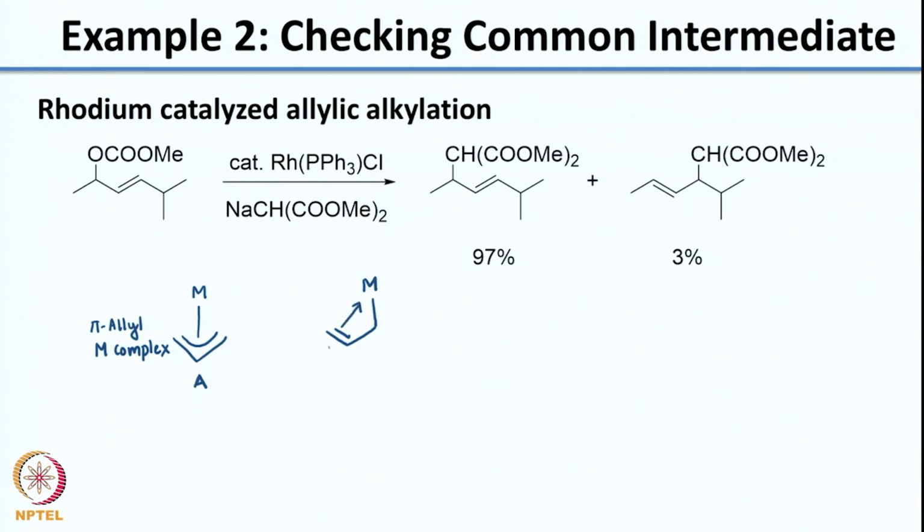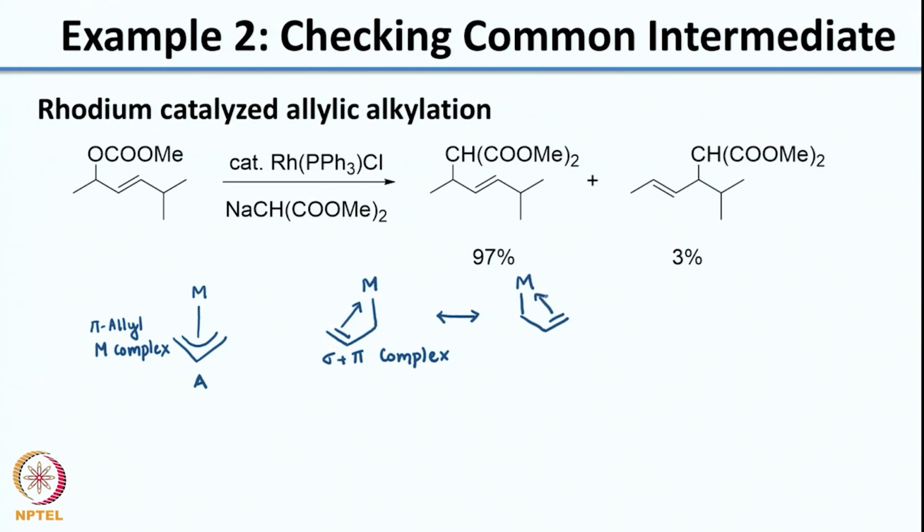So, this is a sigma plus pi complex, and of course you can have two resonance structures for this, where you can also think of the other resonance structures.